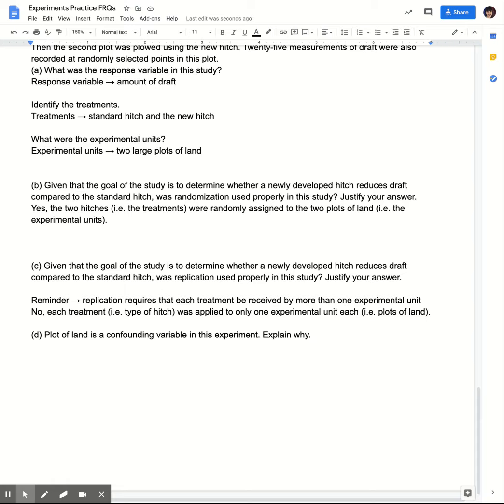So you may want to add one other sentence here about why there's no replication in this study.